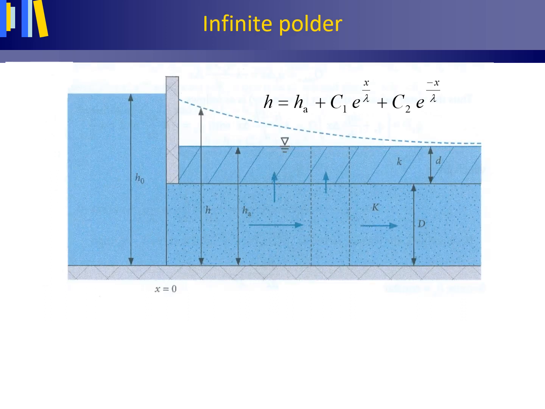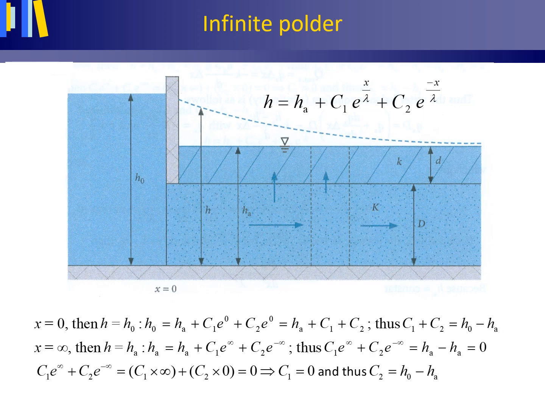For an infinite polder, het Holland's profile, as shown here, the boundary conditions are: when x is 0, then h equals h0, and then h0 equals ha plus c1 e to the power 0 plus c2 e to the power 0. So h0 equals ha plus c1 plus c2. Thus, c1 plus c2 equals h0 minus ha.